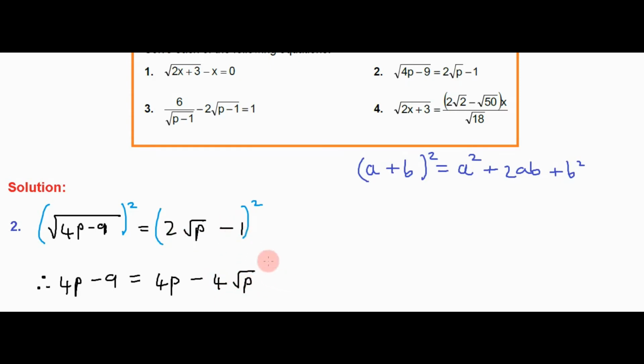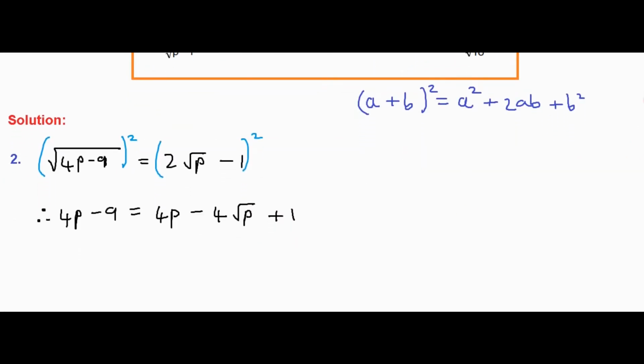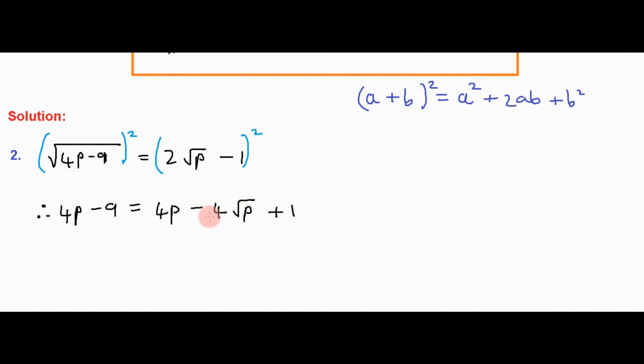And then the second term squared will give us plus 1. Now we can take the term containing the surd to the left-hand side. So it's 4 times square root p. And we can take everything to the other side, to the right-hand side. Of course, the 4p's cancel here. So we'll have plus 1, plus 9, which is plus 10.